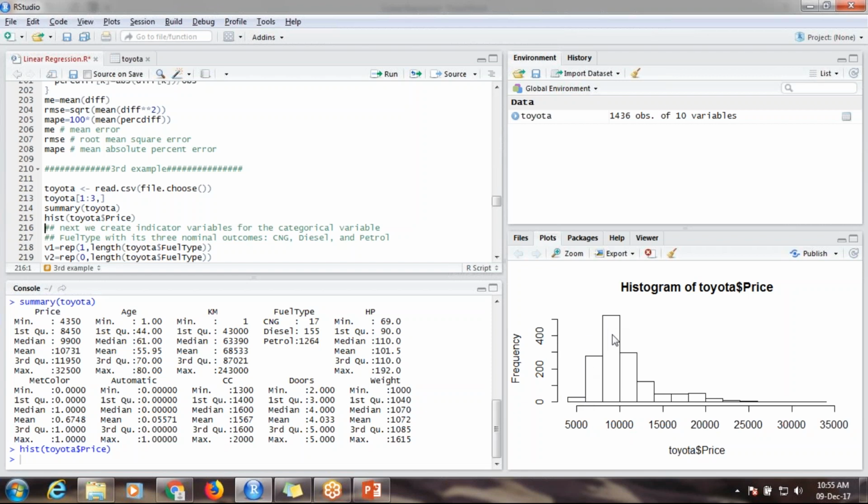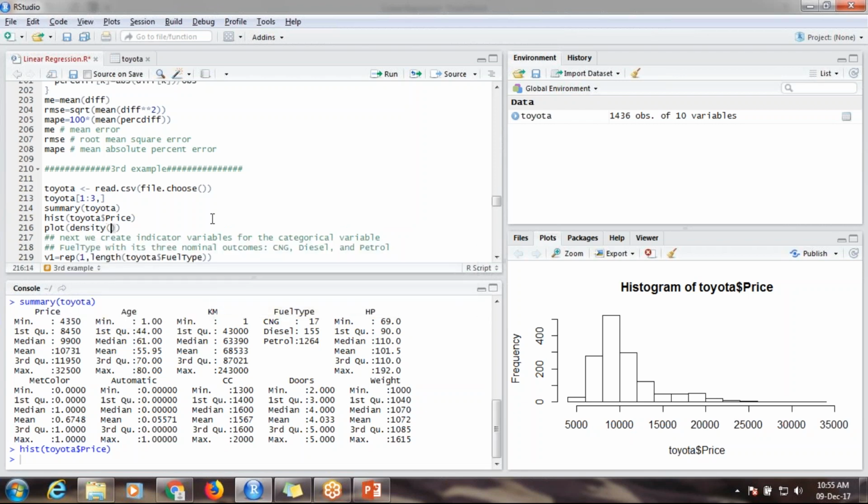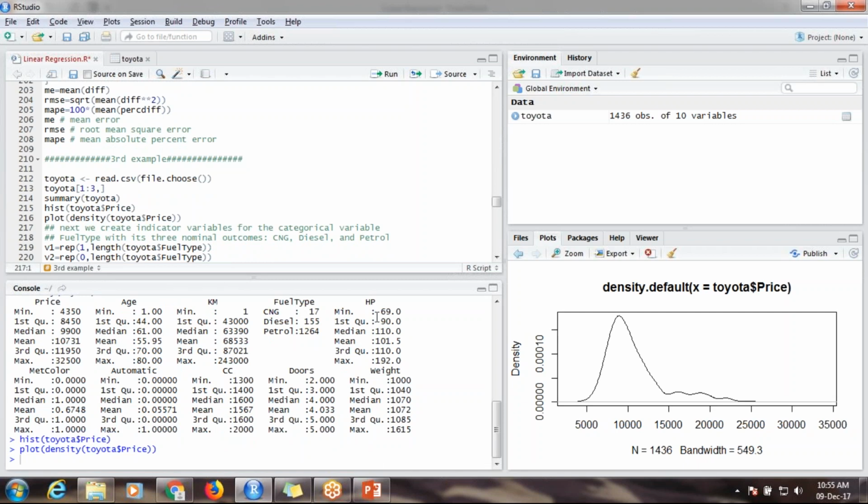It is kind of right skewed, the tail is towards the right side. If I make it a better plot, this is how it looks like.